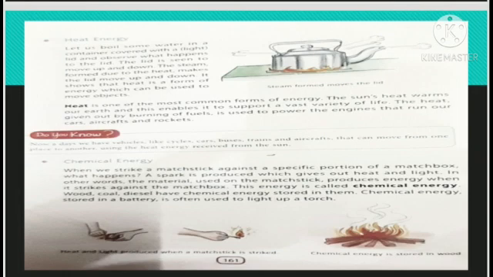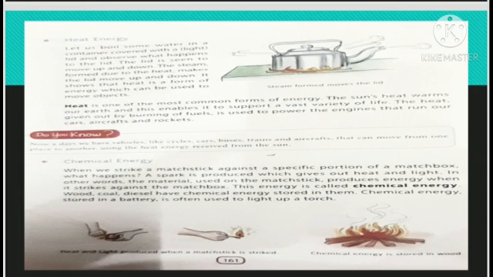That log of wood can be displaced from one place to another. It means the flowing water is able to displace the log of wood. Some energy is there because that is responsible for displacing this log of wood.